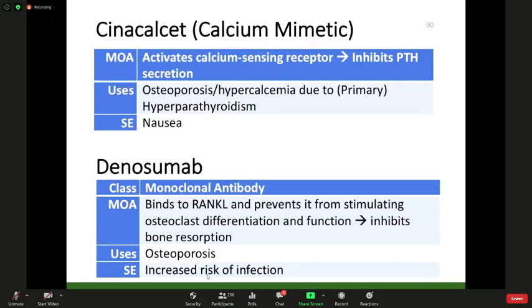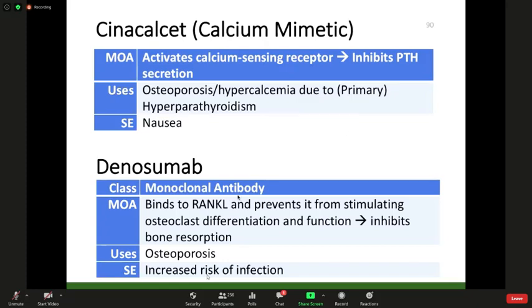So you have a loss of the feedback. And so if you give this calcium mimetic, it actually activates the calcium sensing receptor and inhibits the parathyroid hormone secretion. So this is now used on an adjunctive basis for the treatment of hyperparathyroidism, especially primary hyperparathyroidism.